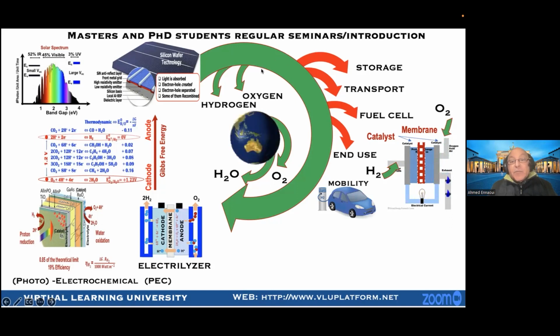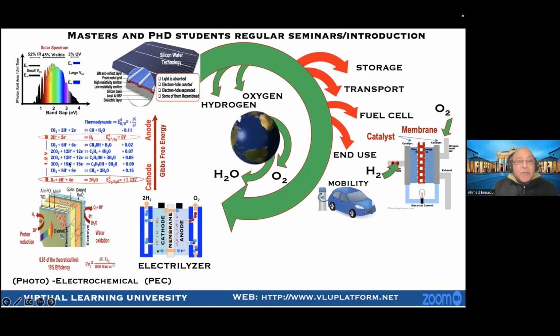And we talked last time about electrolysis of water, splitting of water. And I told you that you have two chemical reactions, one at the cathode and one at the anode. Between these two, cathode and anode, you have a potential of 1.23 volts, which corresponds to the free energy delta G, which is related to the number of electrons exchanged.